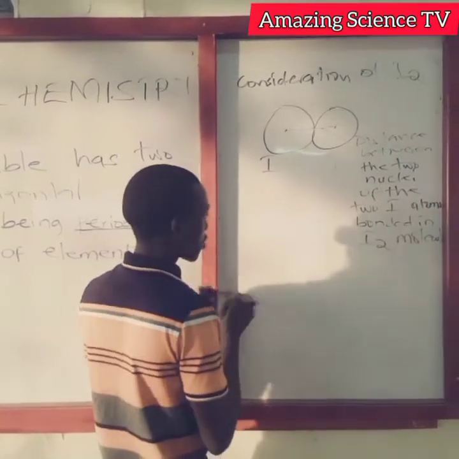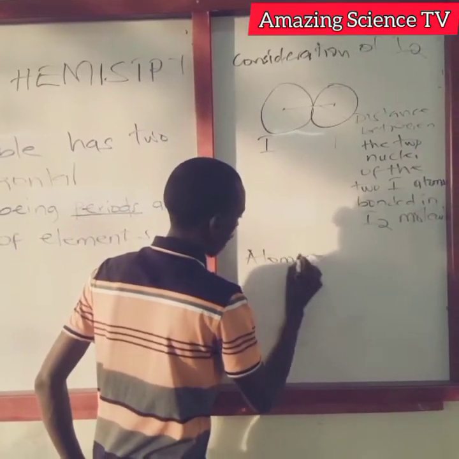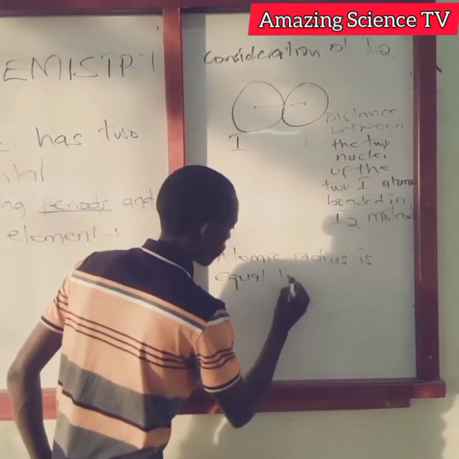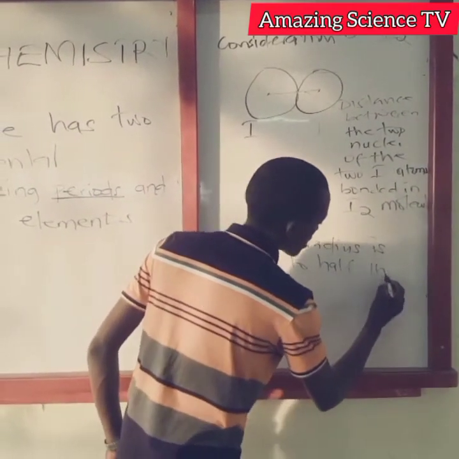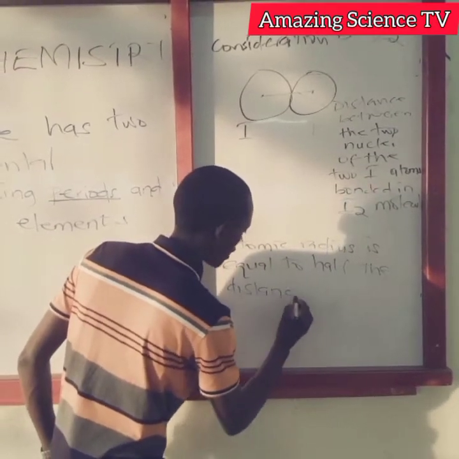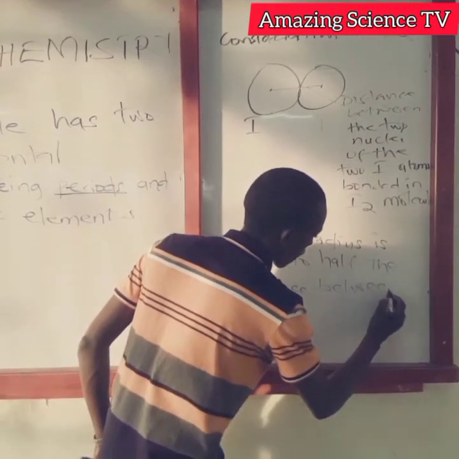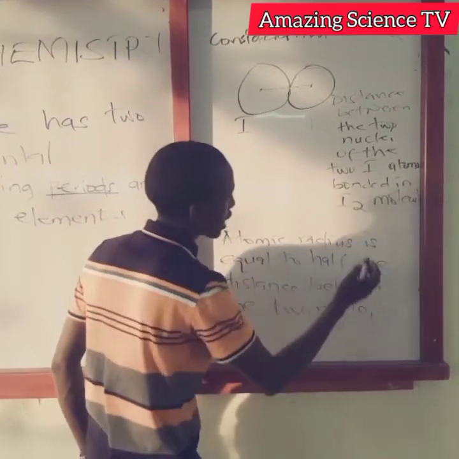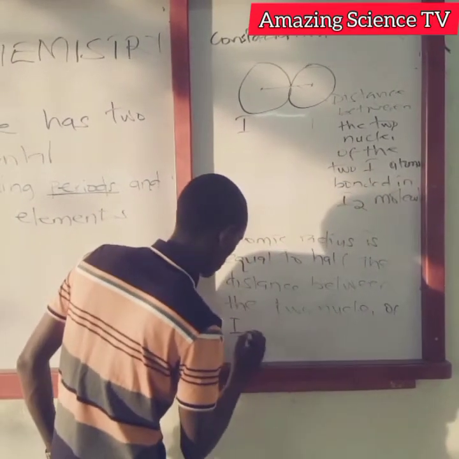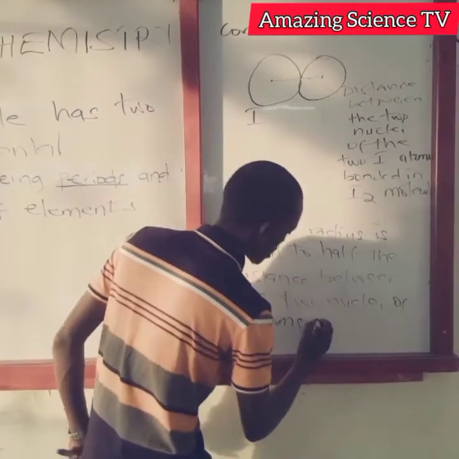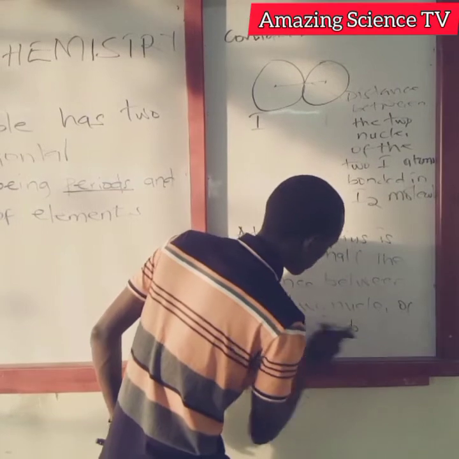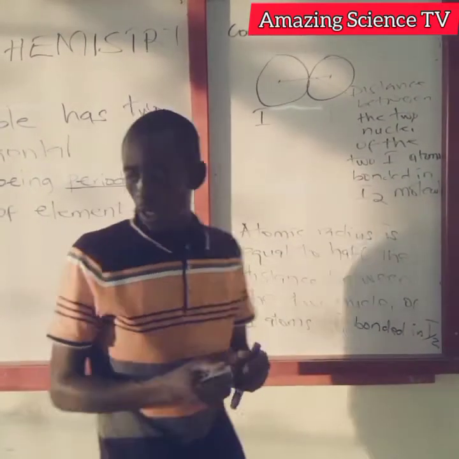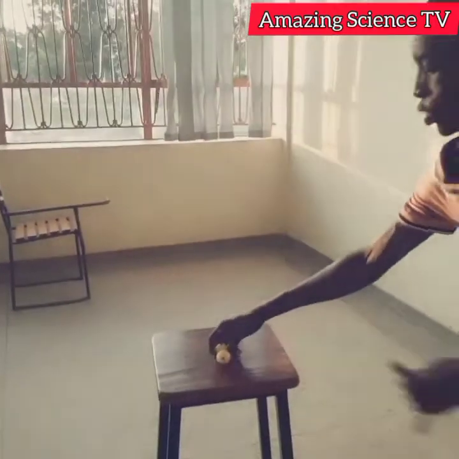So the atomic radius will be equal to half the distance between the two nuclei of iodine atoms bonded in the iodine molecule.